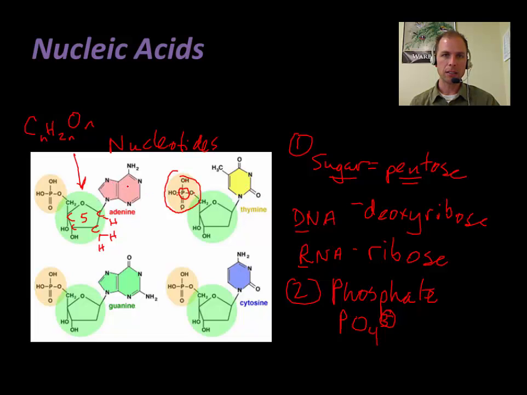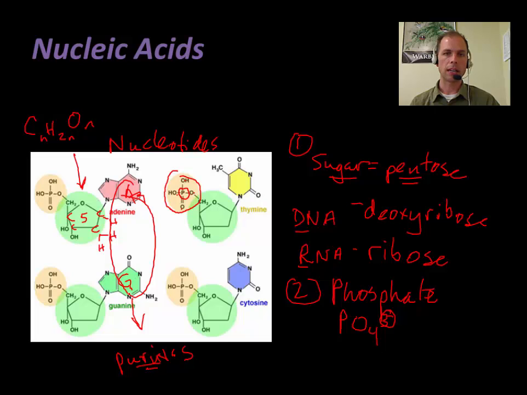So for adenine, again, this is adenine, represented with an A, we see a 2-ring structure. For guanine, we also see a 2-ring structure. And in fact, the similarities that we see here with those two are what result in them being grouped together in a group of nucleotides that we refer to as purines.